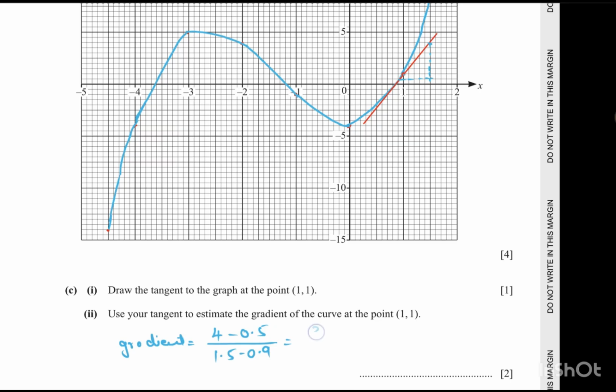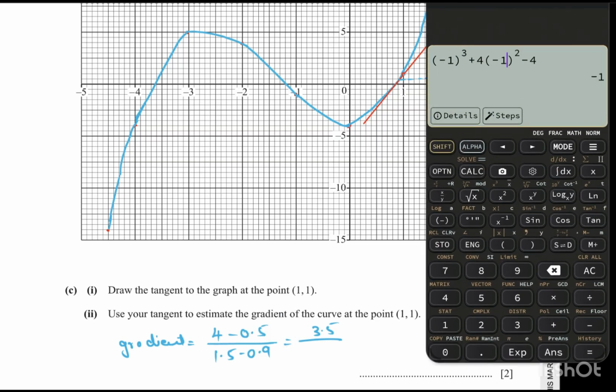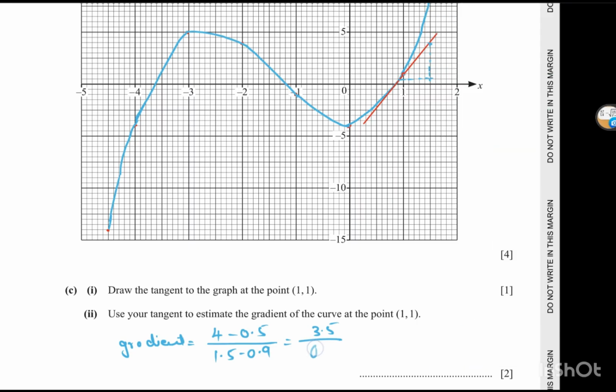So 4 minus 0.5 is 3.5. 1.5 minus 0.9, let me check in calculator, is equal to 0.6.